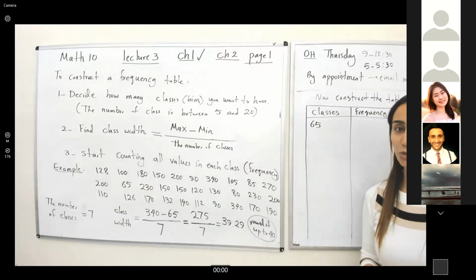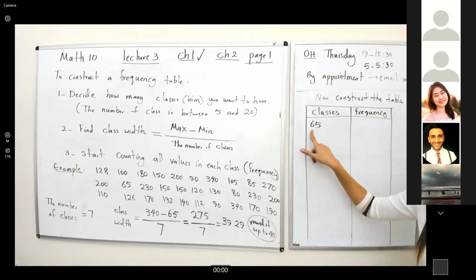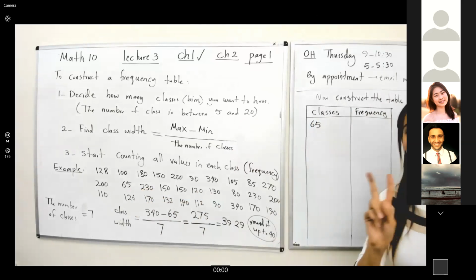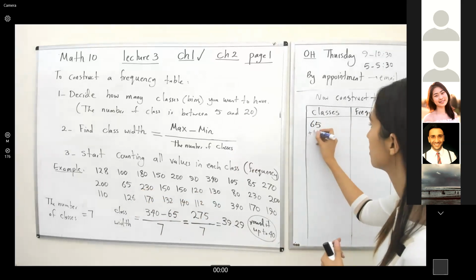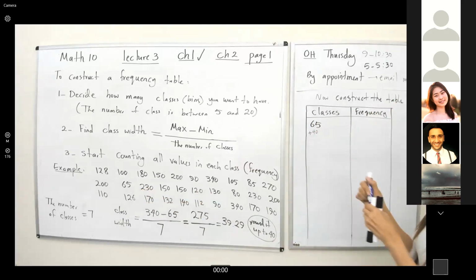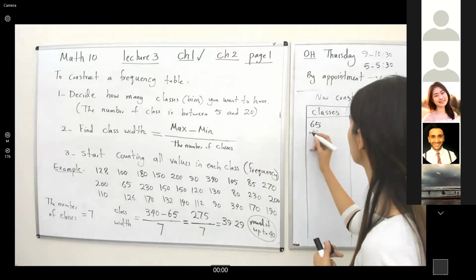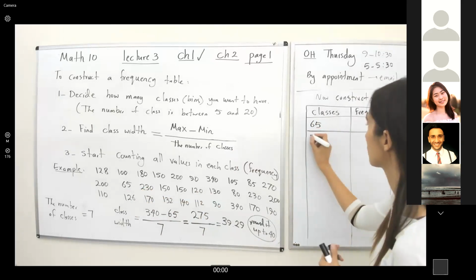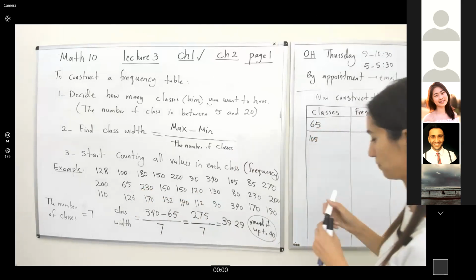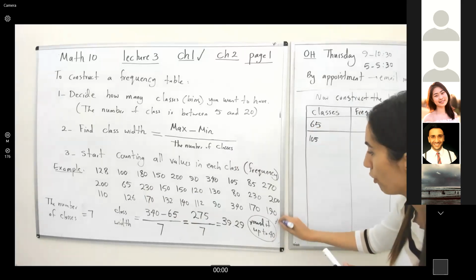I'm going to add 40 to 65 to construct the second class. So 65 plus 40 is 105. So I added my 40 here.